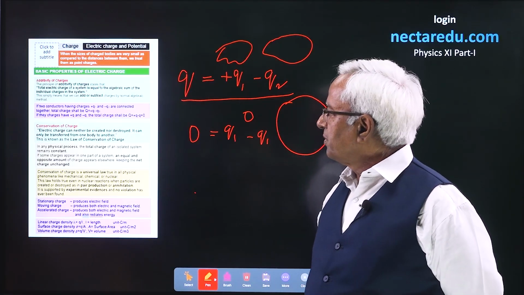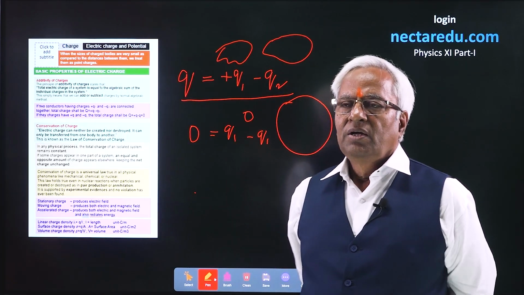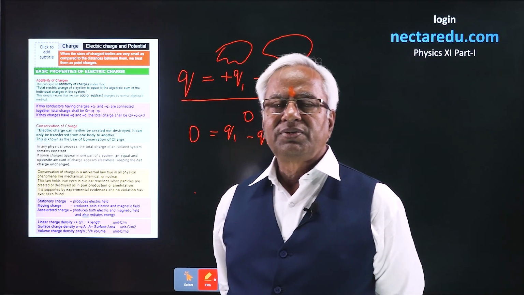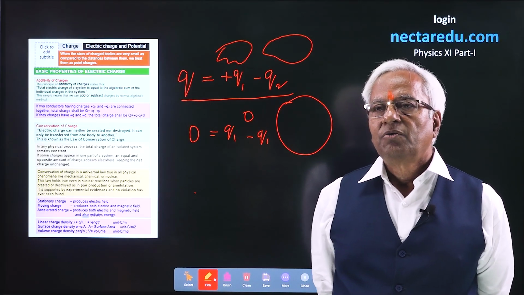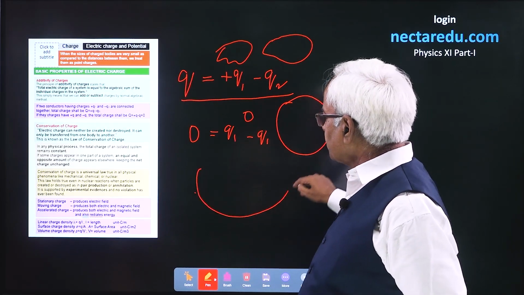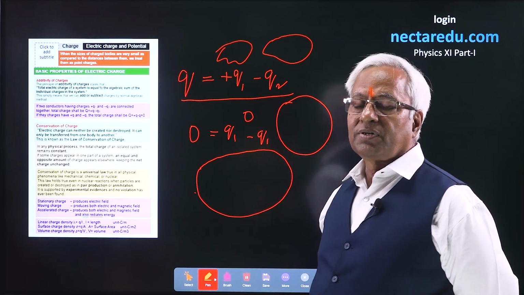The second very important property is that of conservation of charge. Charges are conserved. That means charges can never be created or produced. When we are saying all this, we have an isolated system in our mind. Isolated system, what does it mean?